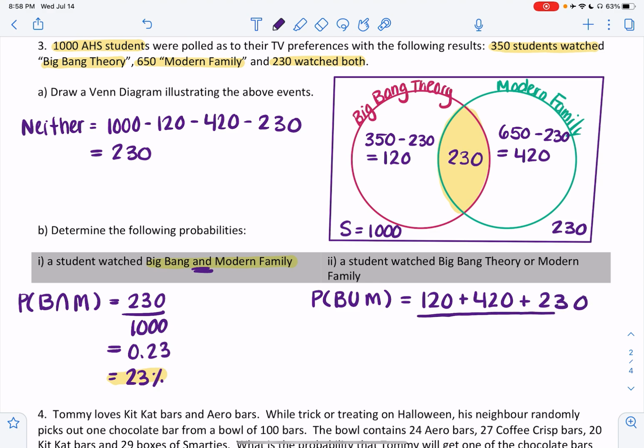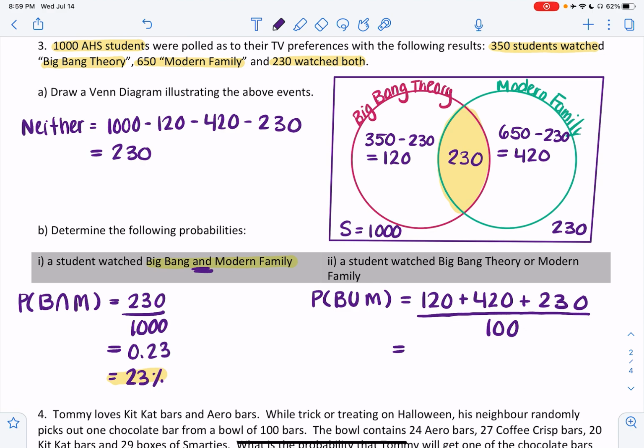Even though these are not mutually exclusive because we have the middle part, we are not double counting, because we already took the time to subtract when we made the Venn diagram.